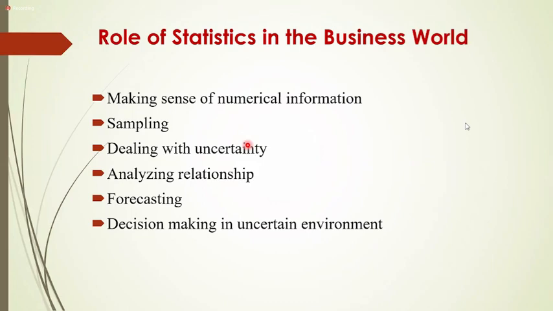Then we can make forecasting. What will be the sales in 2 years in future? What will be the demand for a newly marketed product in future? And also decision making in an uncertain environment. That is, how we can make decisions when dealing with uncertainty, right?